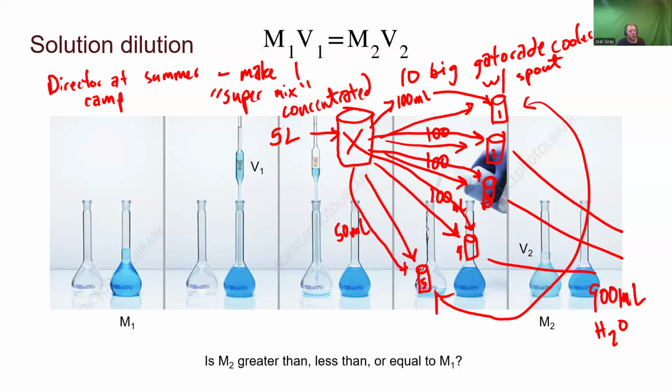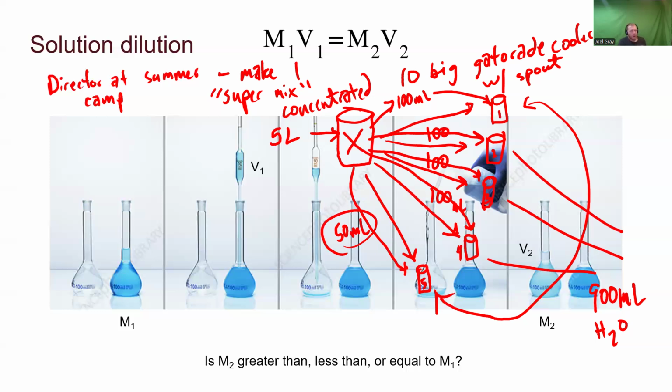No, they're not. Which one's going to be the weakest one? Five. You're absolutely right. Because that one has the least of our original solution.